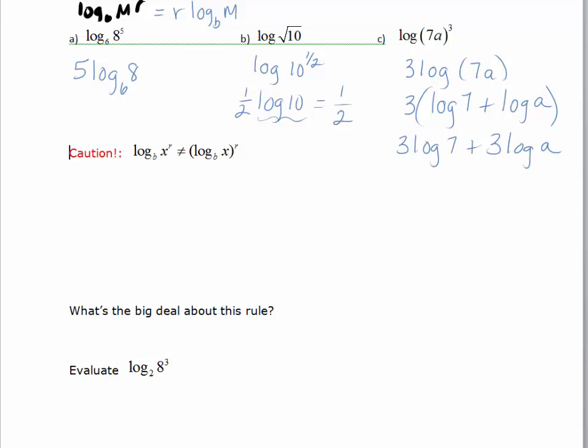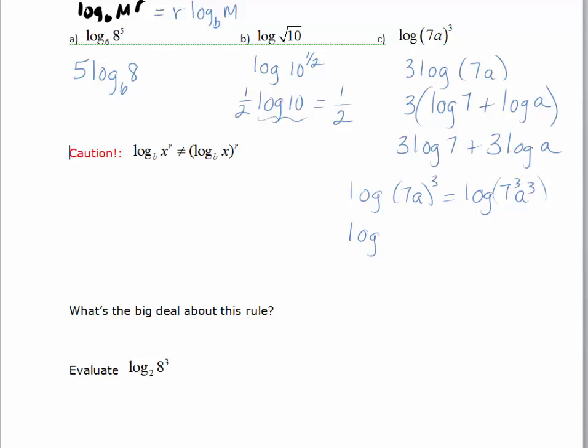Your second option on this problem would be to raise the 7 and the a to the exponent first. So we'd have 7 cubed, a cubed, then expand. So now I've got the log of 7 cubed, a cubed. When you take a product and raise it to a power, each of those factors gets the exponent.